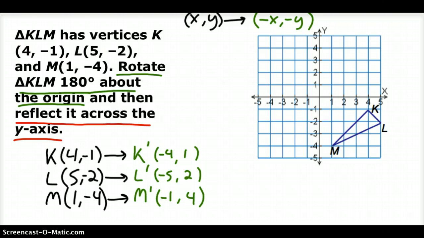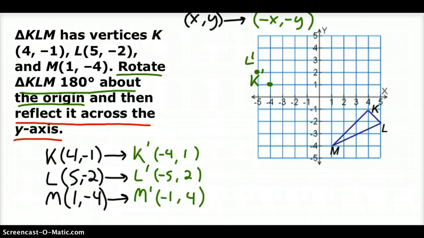Here we go. We have 4 to the left and 1 up. That is going to be the point K prime. Then -5, +2 is our point L prime.